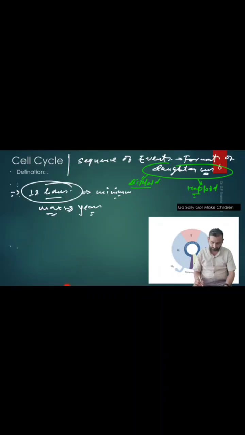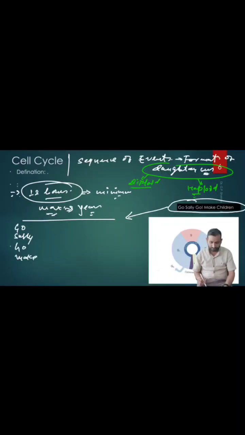Now, what are the stages of the cell cycle? The cell cycle stages we can classify as go, Sally, go, make children, right? So what are those? Go, Sally, go, make children. Go for what? G1 phase.